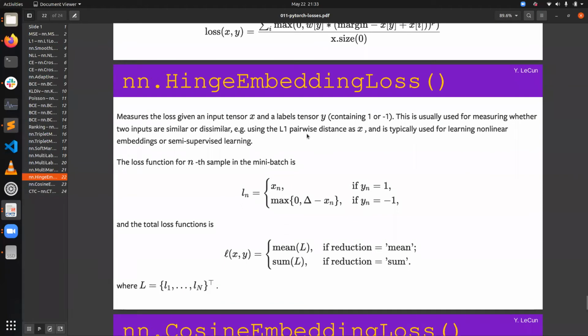Okay, it's just the L1 pairwise distance of X. Okay, it's just the distance measure between two vectors by taking the L1 pairwise distance between the two vectors.